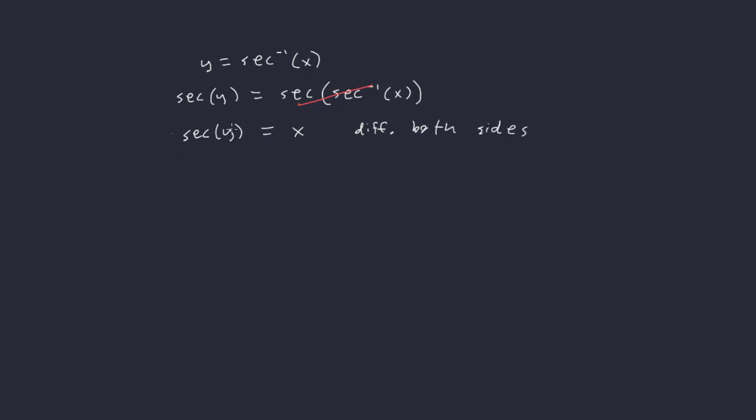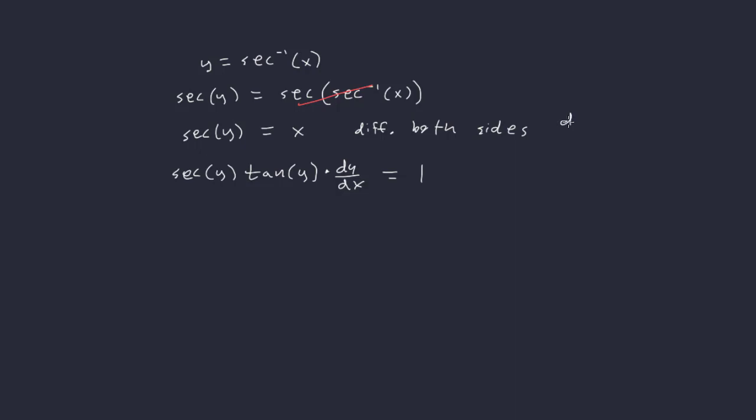Here's where we use our chain rule. The derivative of secant of stuff is secant of the stuff times tangent of the stuff times the derivative of the stuff. So that's where our chain rule comes in. We don't need it here because the derivative of x with respect to x is just 1.